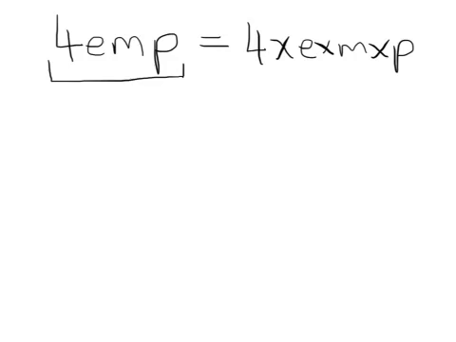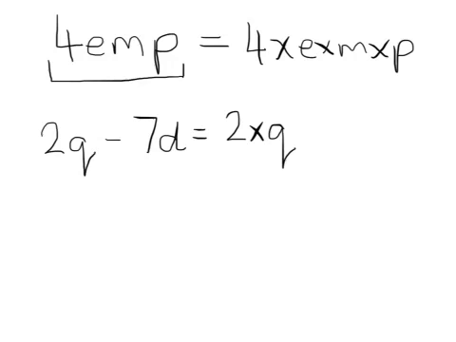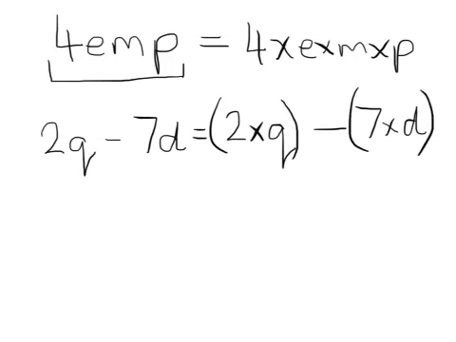If I have 2q minus 7d, then I have 2 lots of q take away 7 lots of d. Remember your BOMDAS. The times must come before the subtraction.